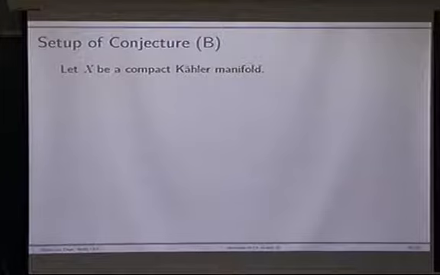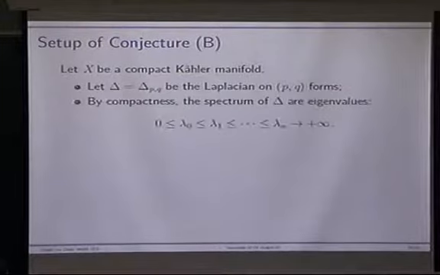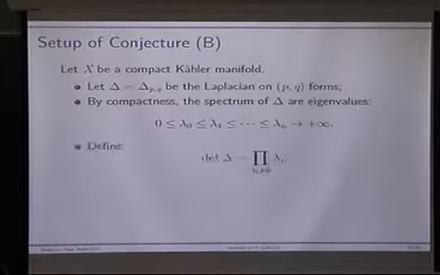We start with a compact Kähler manifold X, and let Delta_{p,q} be the Laplacian on (p,q)-forms. By compactness, the eigenfunctions of the Laplacian span the L2 space, with eigenvalues of finite multiplicity.